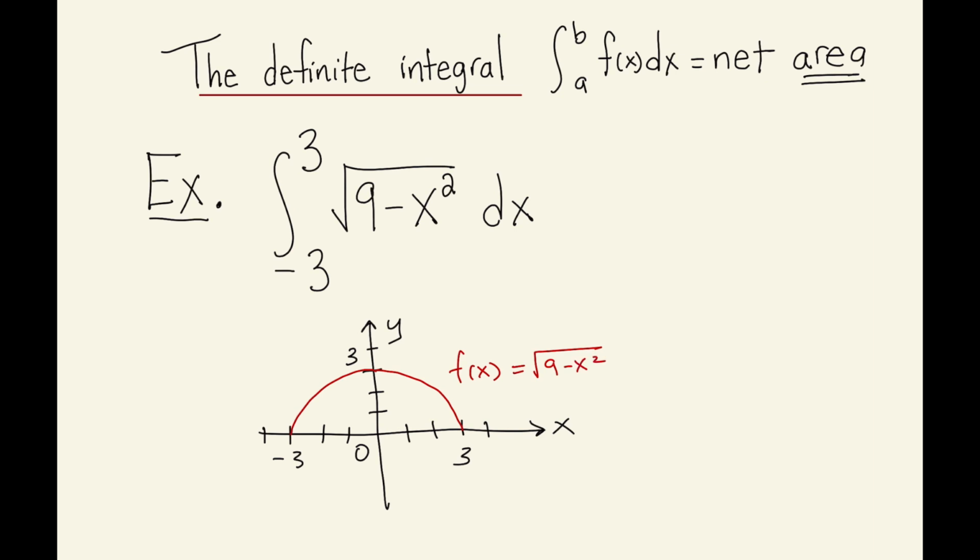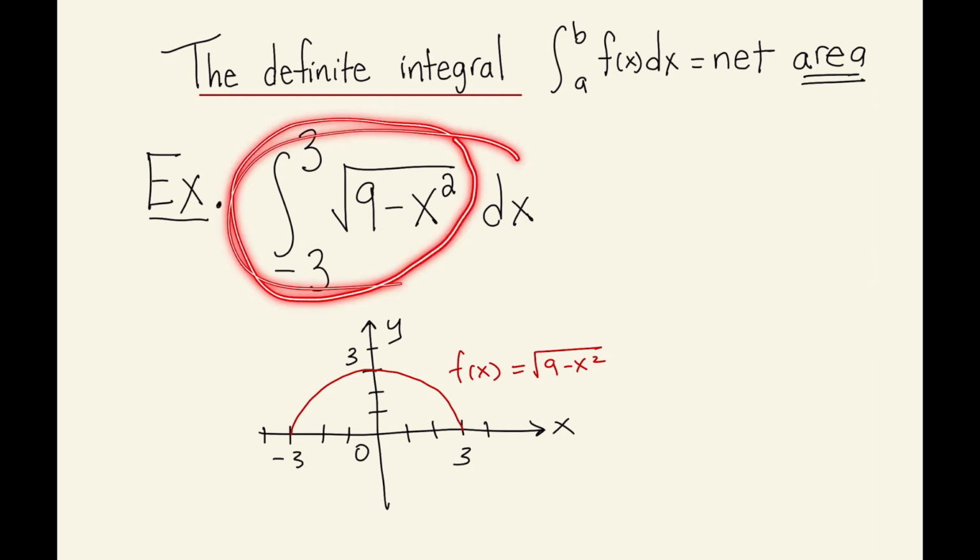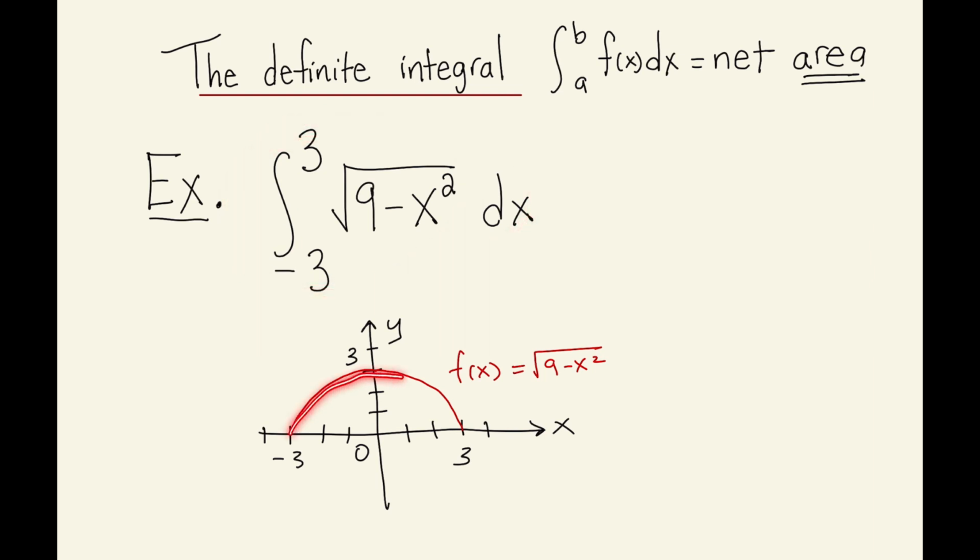So this expression here represents the area between my curve, the top half of the circle, and the x-axis. There's no part that lies below the x-axis. So what I'm asking is, what is the area there?